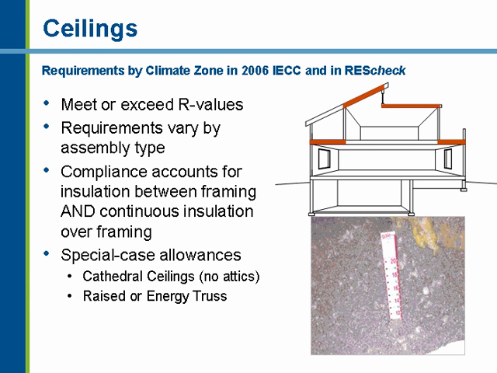Some more components. Let's take a look at ceilings. There's some new special case allowances in the 2006 and in REScheck. Cathedral ceilings, or ceilings with no attics. Now, if you have a ceiling where you're in an area where your insulation levels may require higher than an R30, and you cannot achieve the R30 in a cathedral ceiling, the code allows, and REScheck does calculate, the first 500 square feet to be based on the lower reduced requirement of R30.